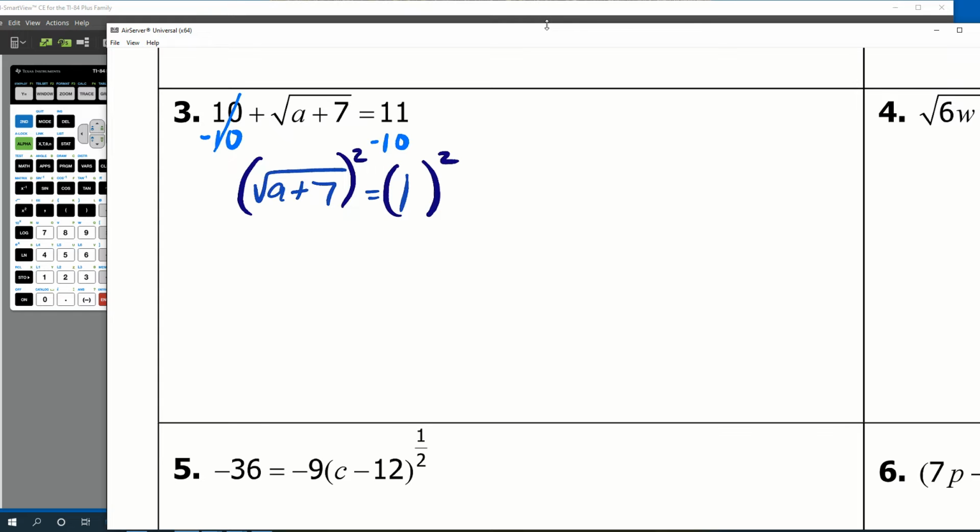And then that square just cancels out the square root, and you're just left with a plus 7. And then 1 squared is 1. And then on this one, you just have one more step, and it's to subtract 7. Right? So a is probably -6, but there's a possibility that it's a false solution.